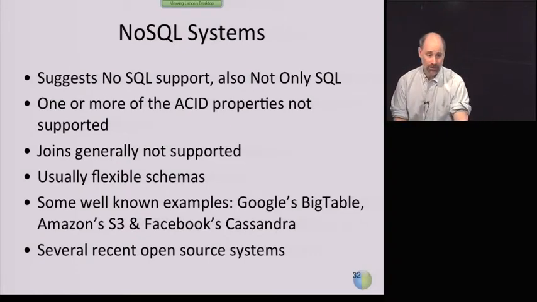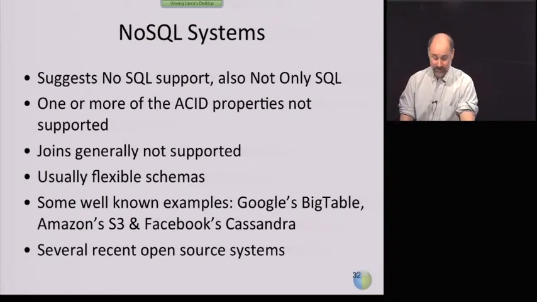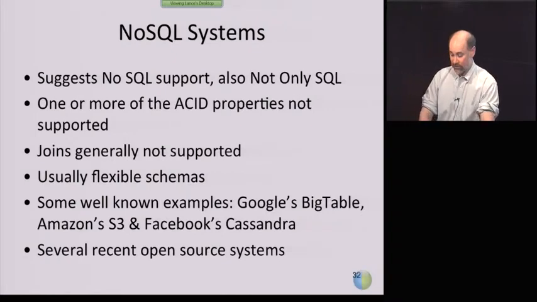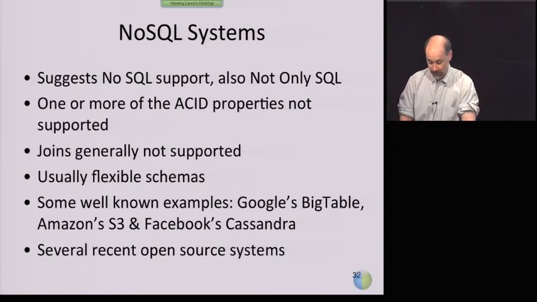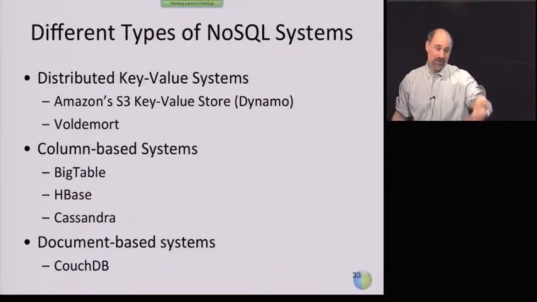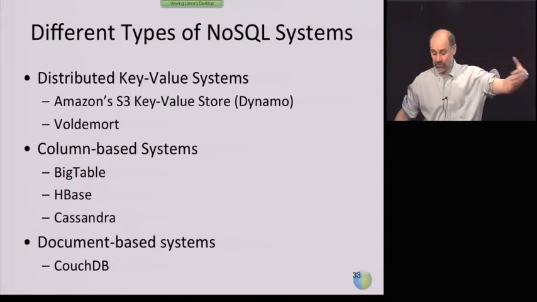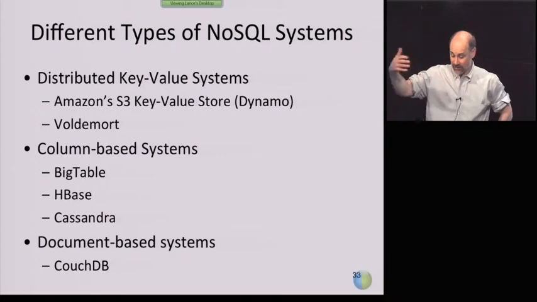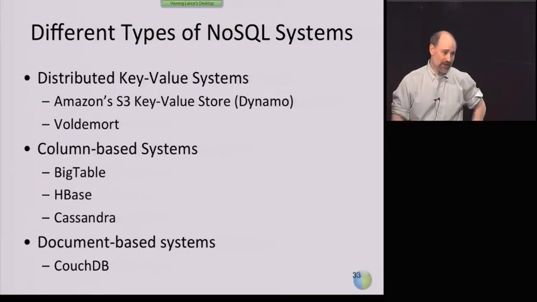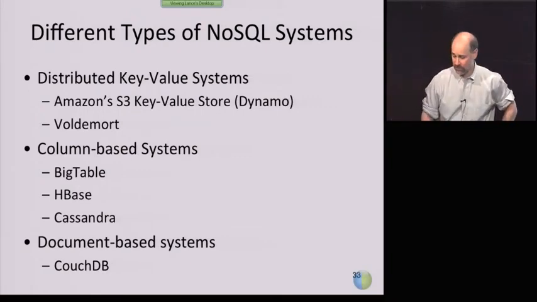They usually support flexible schemas. Google's Bigtable, Amazon's S3, probably Facebook's Cassandra and Google's Bigtable are examples. You could think of these as distributed key value stores like S3 and Voldemort, column-based stores like HBase and Cassandra, and then they even have document and graph-based kinds of NoSQL systems.